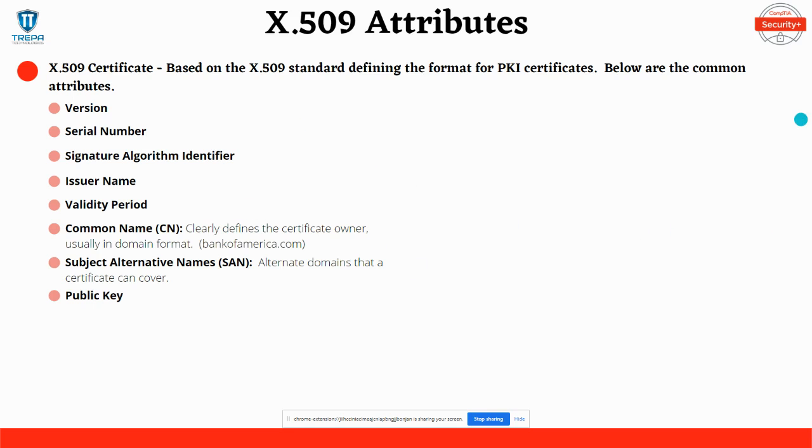And the important ones to note here, as far as a test is concerned, is the CN, the common name, which is going to be the .com, right? And then here we have the subject alternate names, all the other domains a part of it. And this is also important, the validity period, to make sure that it's still good, right? Everything is important on here, but just some things for the exam to take note of.